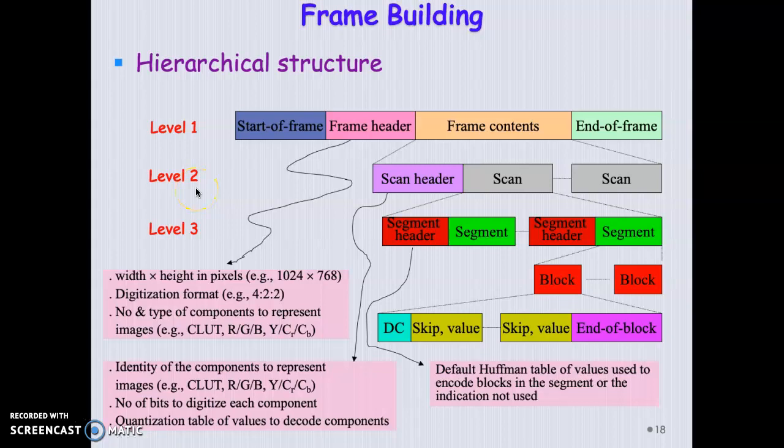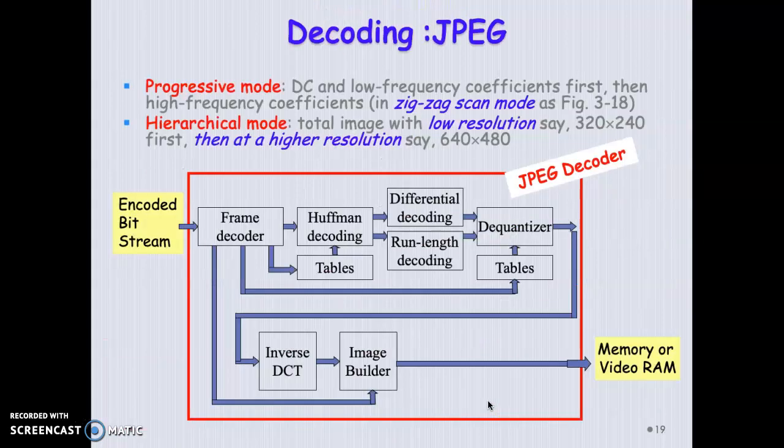For each scan you will have the segment header and segment. In this segment, you will have the block. In this block, you will have the DC, the skip value, and so on until the end of block. So this is how the frame building will be obtained.